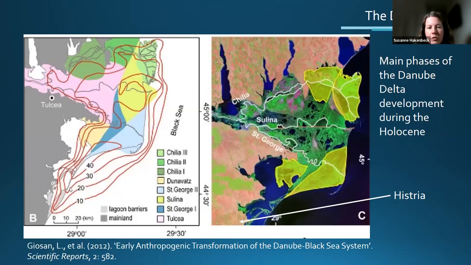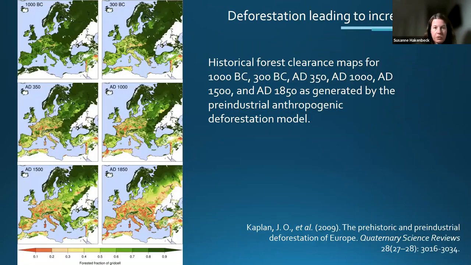Here I just want to draw your attention to the location of this place called Histria. Histria was a Greek colony on the shores of the Black Sea. It was founded in the mid-7th century before the Common Era, but it remained important throughout the Roman period and then into late antiquity. So we'll see in a minute what happened there.